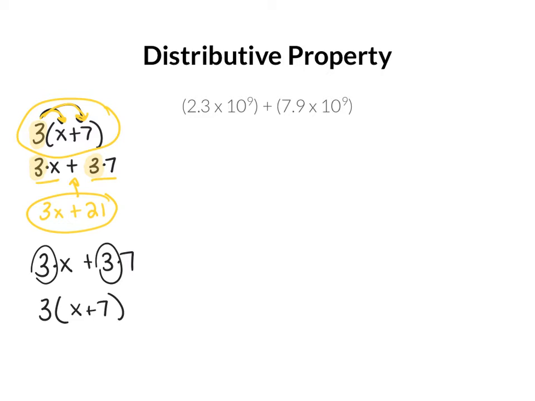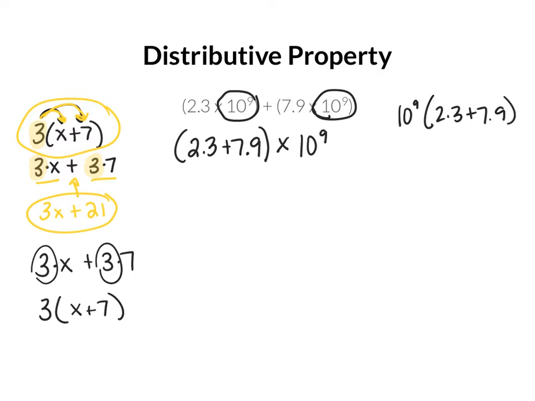You'll notice here we have a common factor of 10 to the 9th power. So I know that I'm going to have the sum of 2 and 3/10 and 7 and 9/10 multiplied by the factor of 10 to the 9th. You guys are used to seeing it this way, where the common factor is pulled to the front.